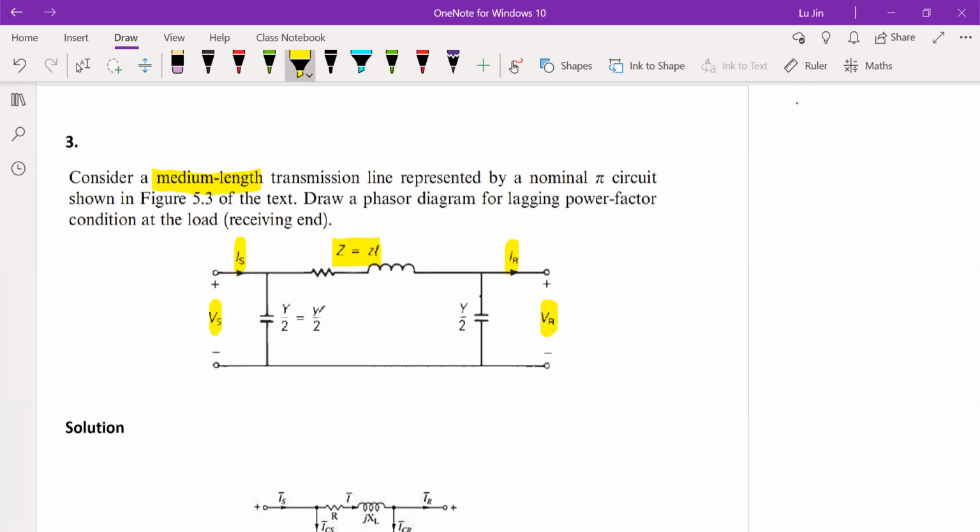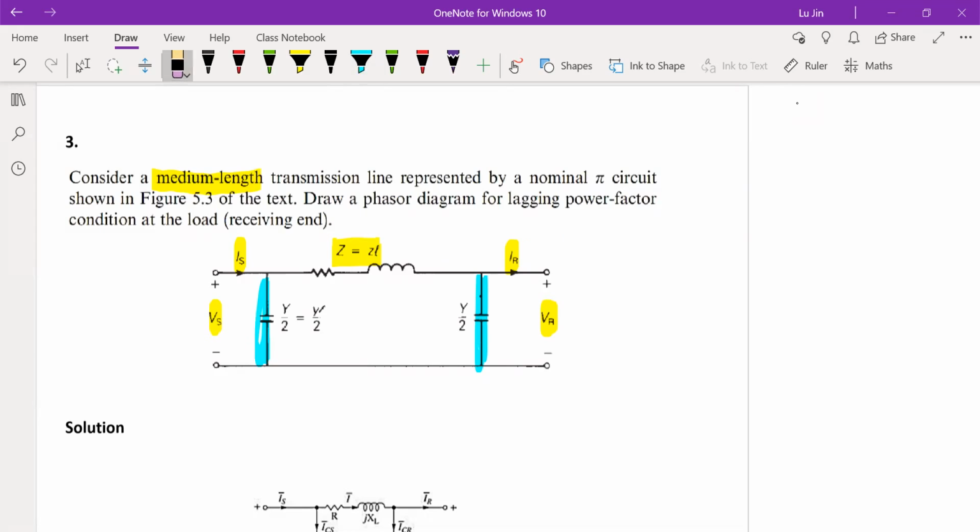In this circuit, you can see we have two capacitors. One is on the left-hand side, the sending end. The other is on the right-hand side, at the receiver side. These two capacitors, which I'm highlighting in blue, are used to represent the total admittance of this medium-sized transmission line.